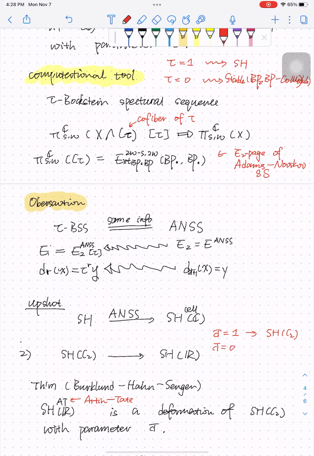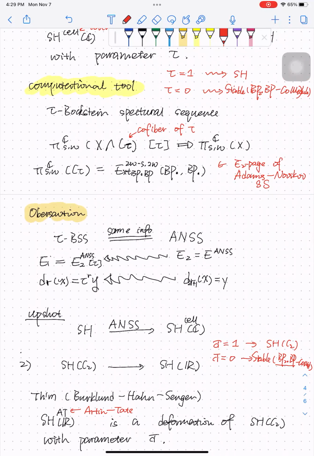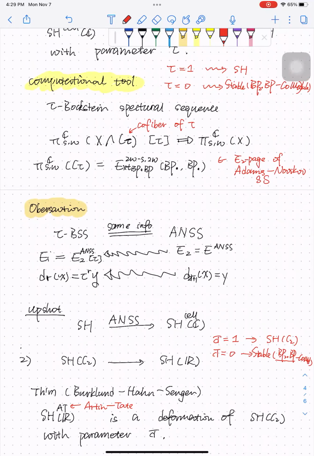If tau is 0, then you also get the stable category of BP_* BP comodules, where BP_* BP is the constant Mackey functor. You take that abelian category and its corresponding stable category. So both the generic fiber and special fiber can be determined if you use this deformation.